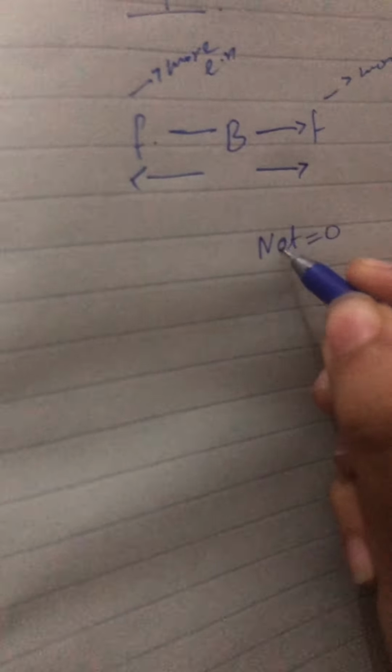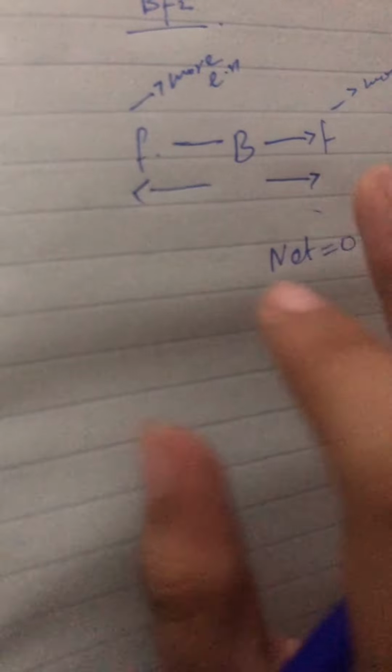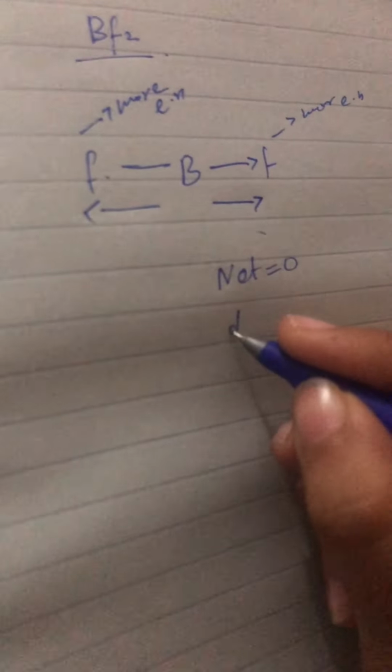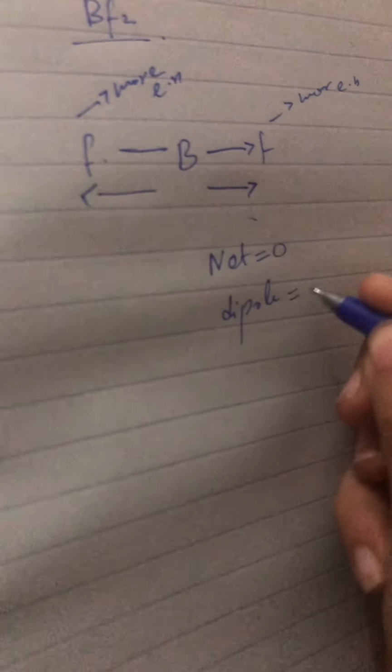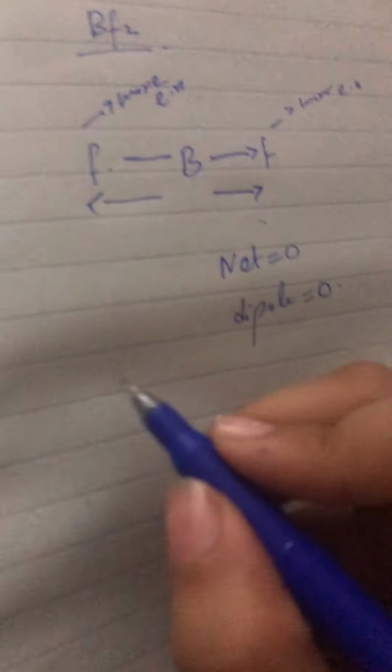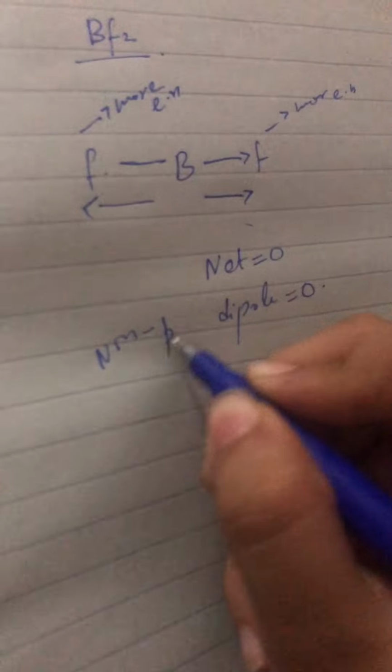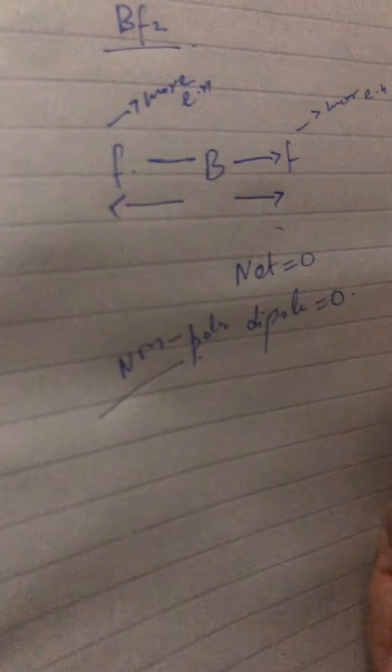The net force will be equal to 0 because both put the same force, as they are the same atom, and the dipole will also equal 0. So this is a non-polar molecule.